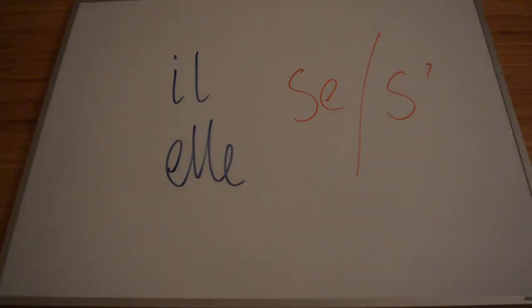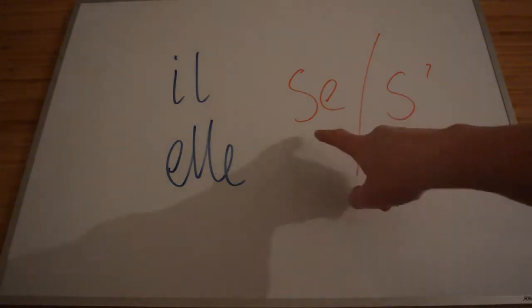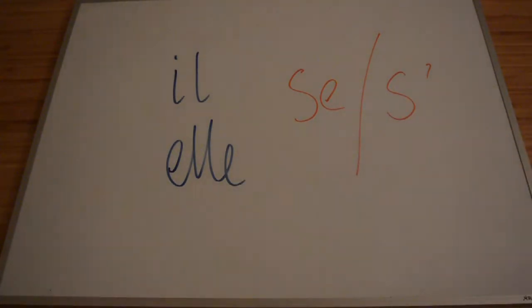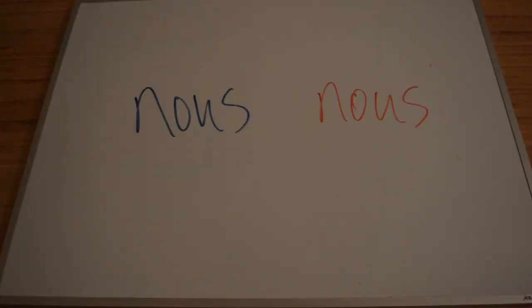Both il and elle in blue are the pronouns, part one. Il means he, elle means she. They're both followed by the same reflexive pronoun, se, or s' if the verb begins with a vowel. So it'd be il se or elle se. He does the action to himself, she does the action to herself. Same here, guys.